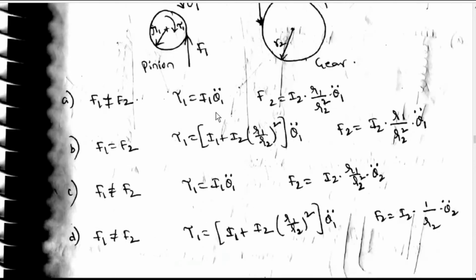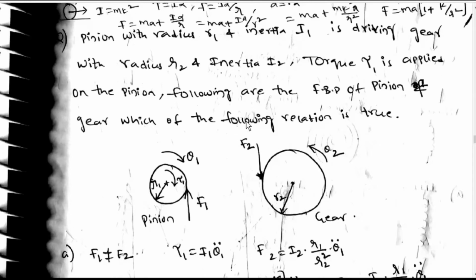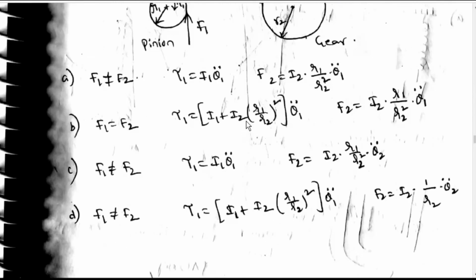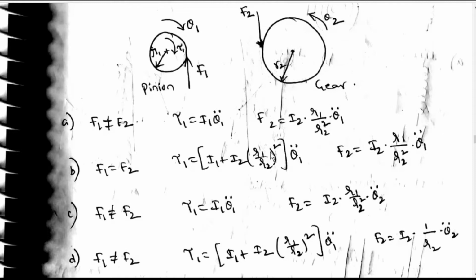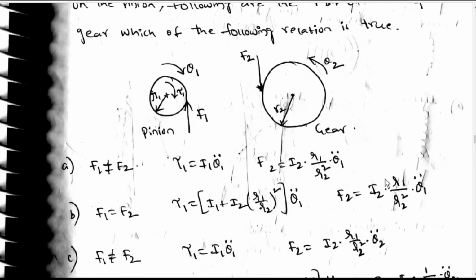Tau1 is equal to, this is the possible relation, I1 plus I2 into R1 by R2 whole square into theta 1 double dot. F2 is equal to I2 into R1 theta 1 double dot by R2 square.